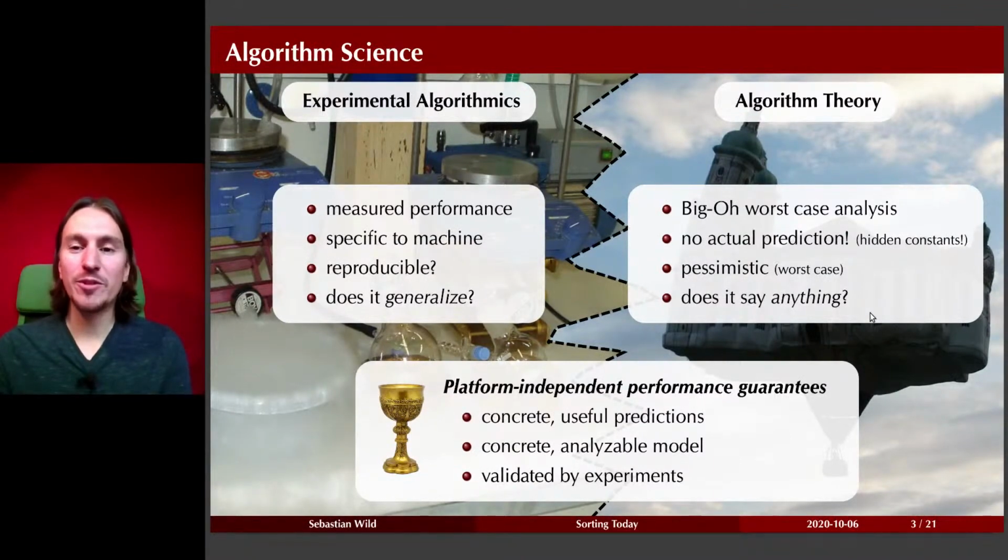Hopefully that model captures modern hardware's features, but is still abstract enough to be analyzed mathematically, precisely, or by experiments. And it should also be possible to validate the model, so that you can compare your predictions to actual outcomes. I know that sounds probably quite abstract if you're not familiar with the fields and don't have the examples in mind that I have in mind. It might not make so much sense, but after this talk, it probably makes more sense.